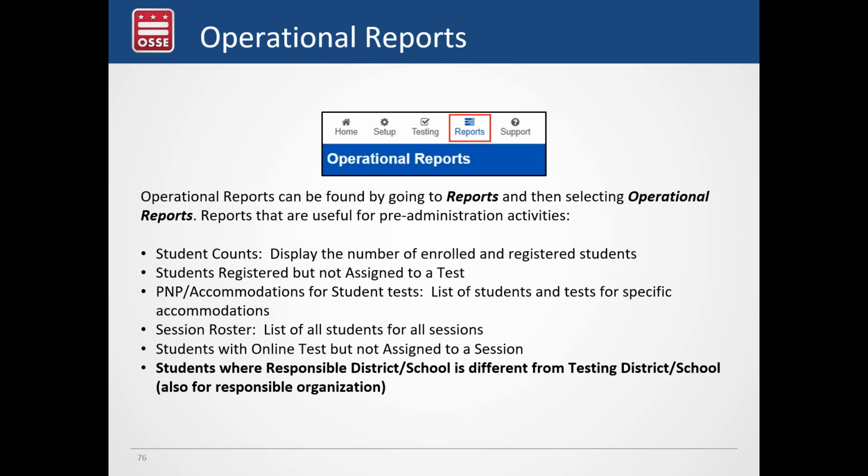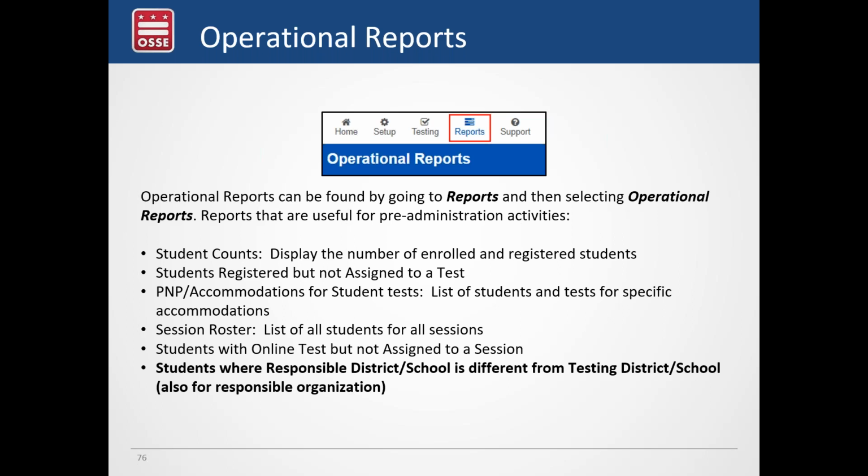So at the very top of PearsonAccessNext, you'll find a Reports tab, and you'll select Operational Reports. Within here, there are multiple different reports. I know one thing a lot of people like is the Session Roster Report, and that's kind of in the middle of the screen. It's a list of all your students for all different sessions and their status of where they're at.